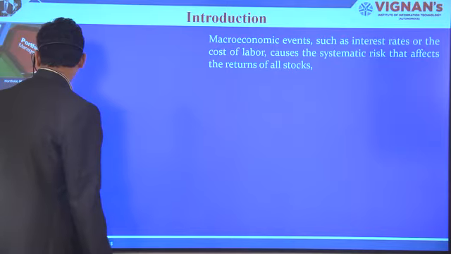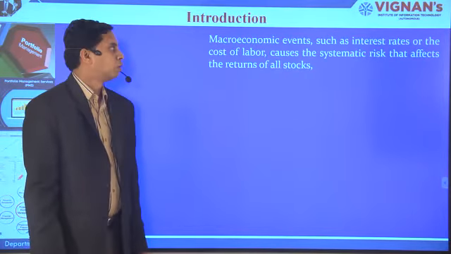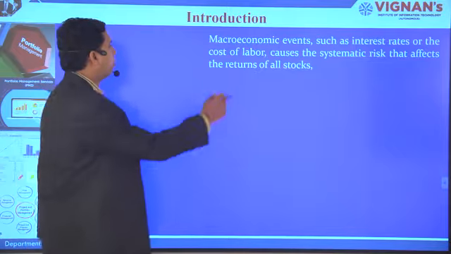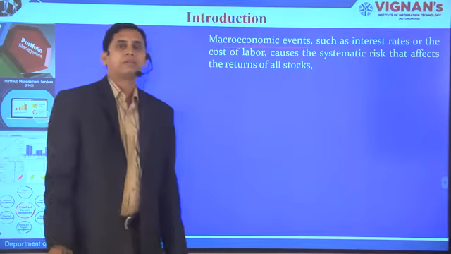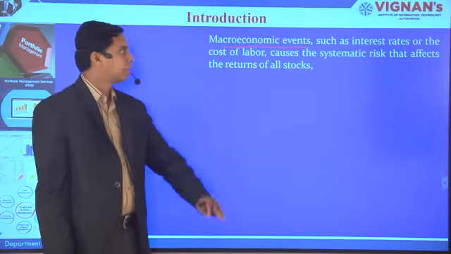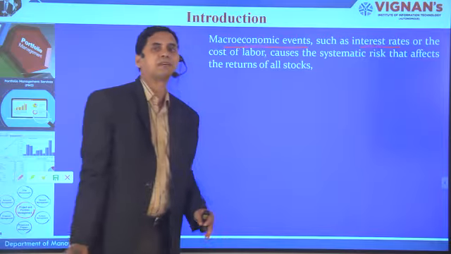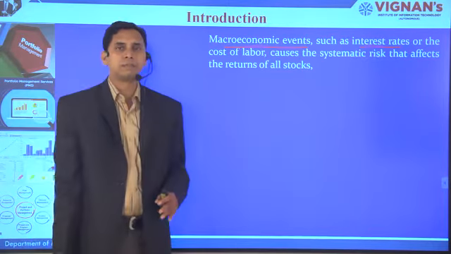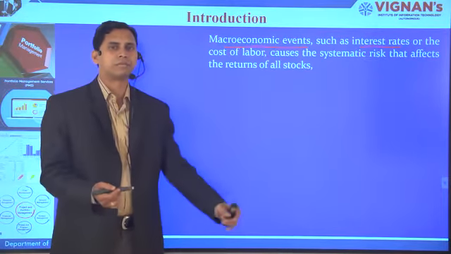And in this Sharpe single index model, what components are considered? Macroeconomic events. These are country specific or economy specific events, like interest rates. For example, the Reserve Bank of India is the central bank in India, and it changes the interest rates from time to time.